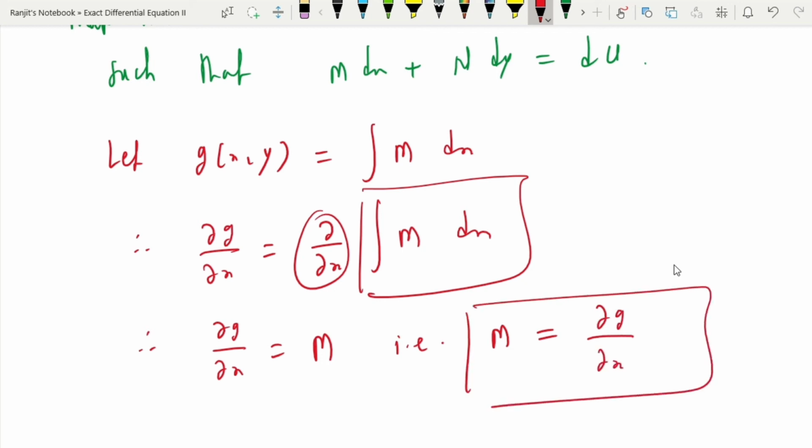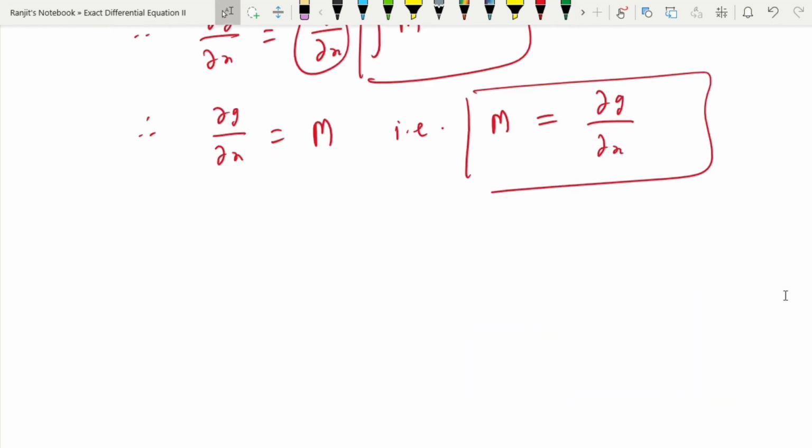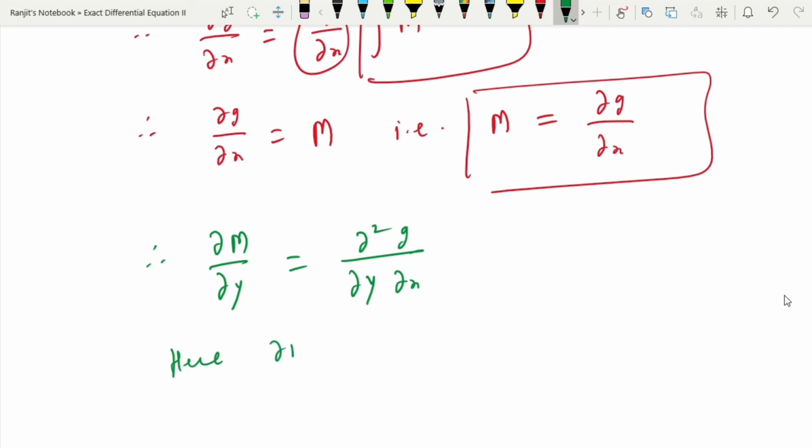Now differentiating this with respect to y, we get ∂M/∂y is equal to ∂²g/∂y∂x. Now here ∂M/∂y is equal to ∂N/∂x. This is the given part for the sufficient condition.